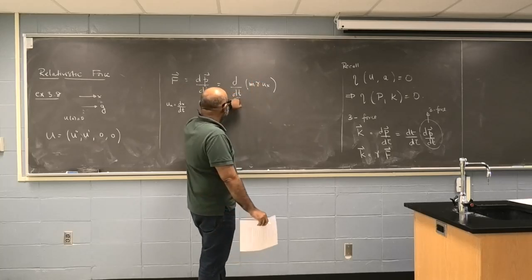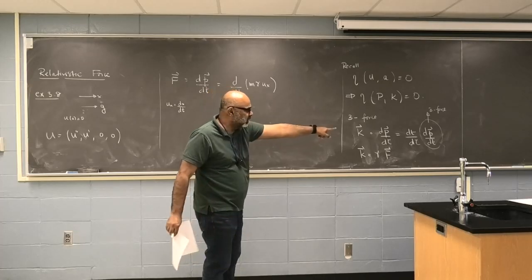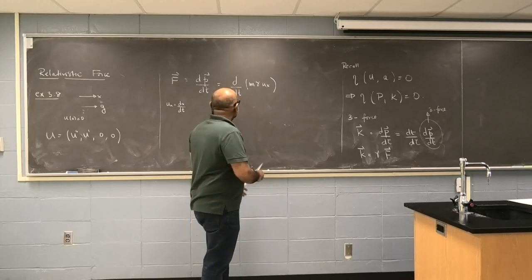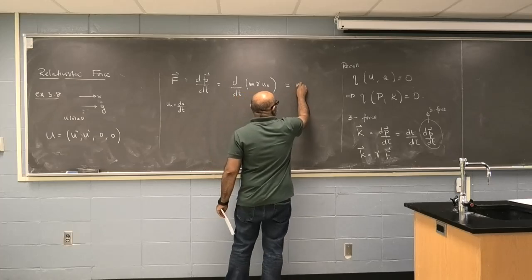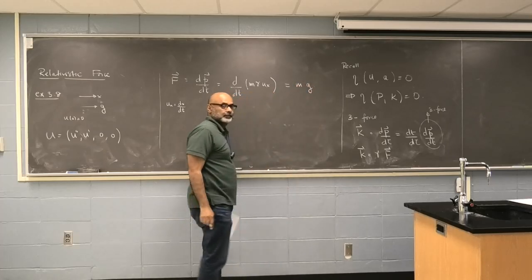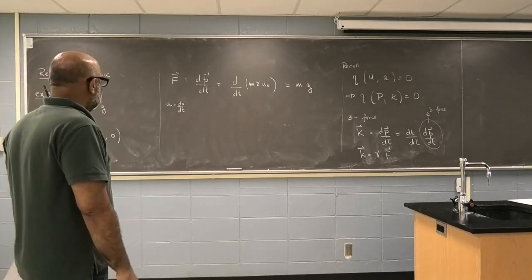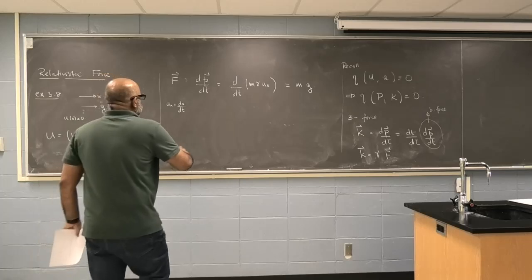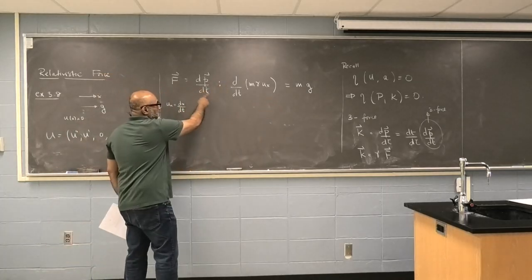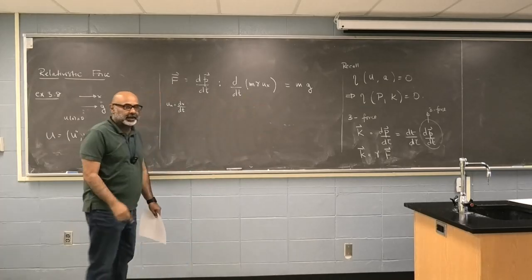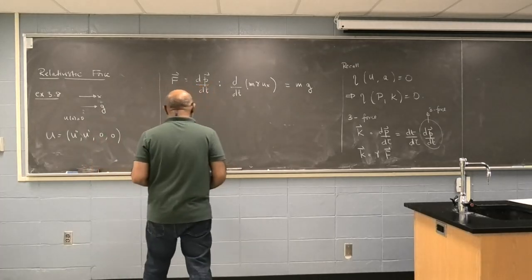But the interesting part, this is no longer proper time. This is just the coordinate time, as I've clarified over there. So this is the acceleration, or mass times acceleration, so it is mg. Force equals mg. Ooh. Let me do it this way. It's not equal to, this is a vector. So I just make the x component of it.